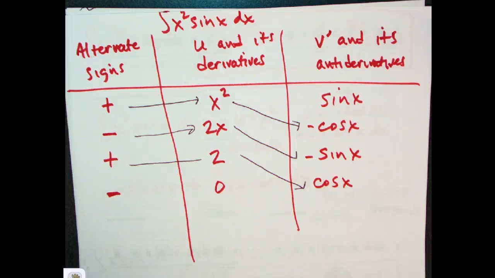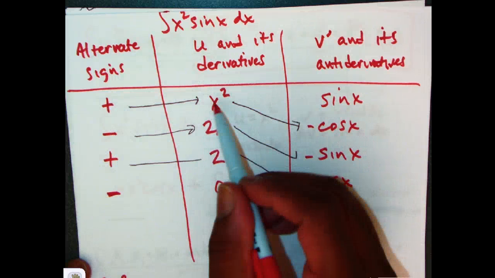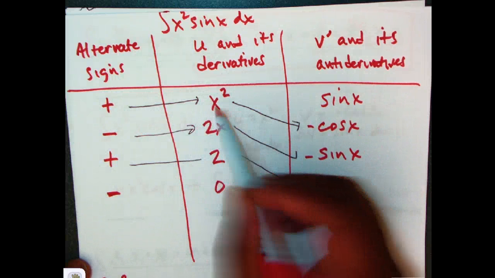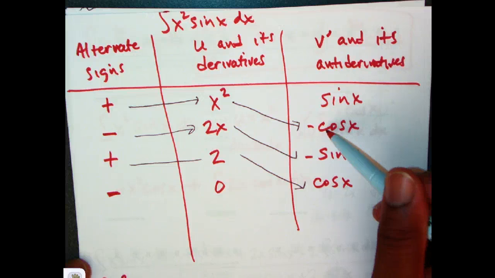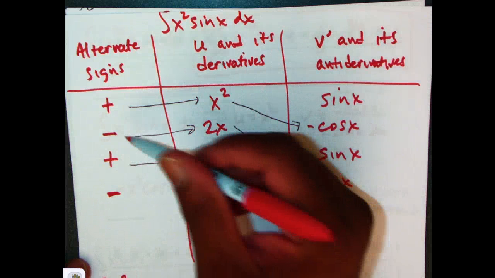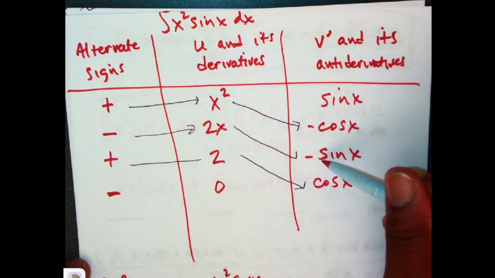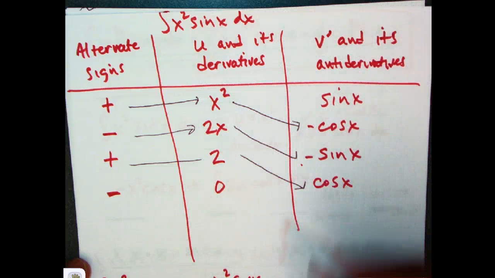So with that problem that we just did, here's our answer. The integral of x squared sine of x dx is equal to, so we're going to go across, so it's positive times x squared times negative cosine. So that's negative x squared cosine of x, then we go to our second row. Negative times 2x, it's negative 2x, times negative sine of x, so negative times negative is a positive, so that's plus 2x sine of x.